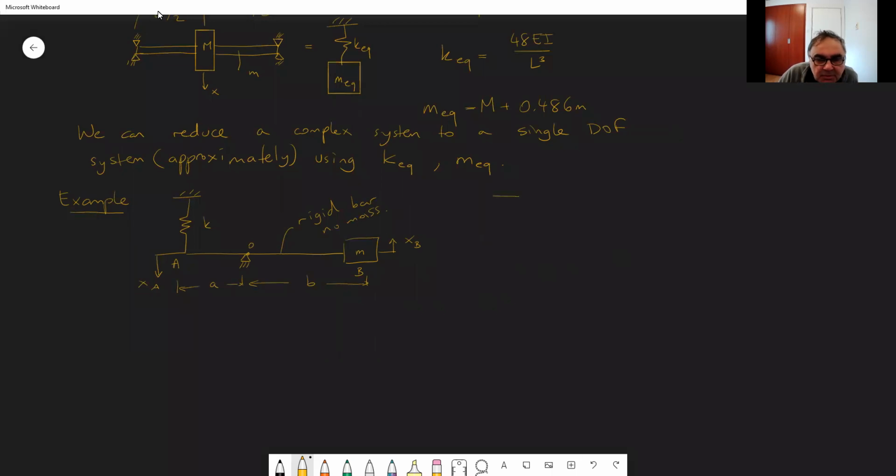For example, you can do the following. You see that the coordinates XA and XB are related, okay? You can see that XB over XA is equal to, what can you say?